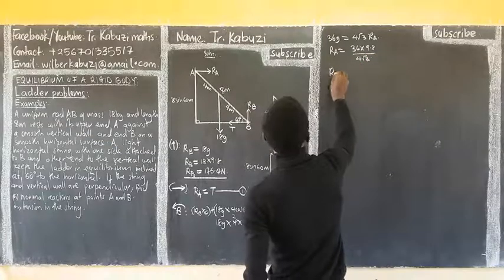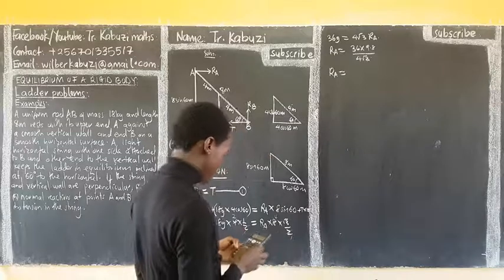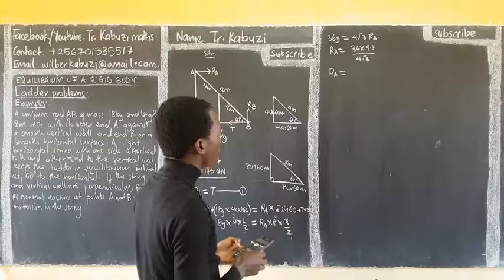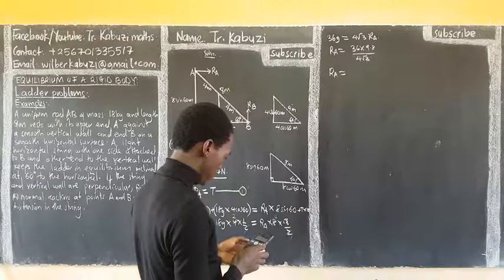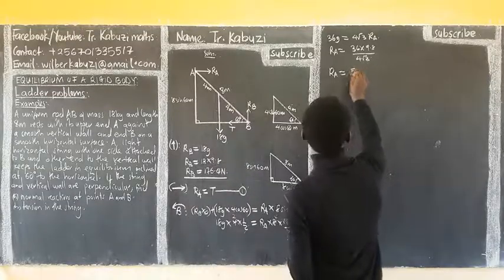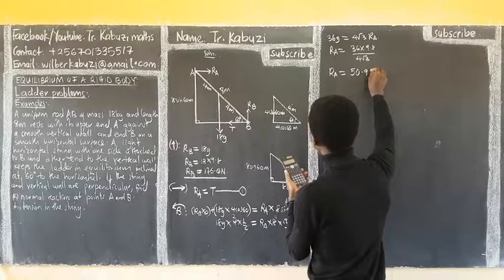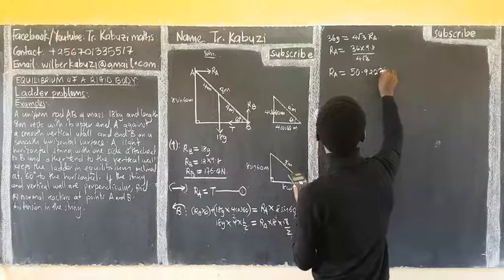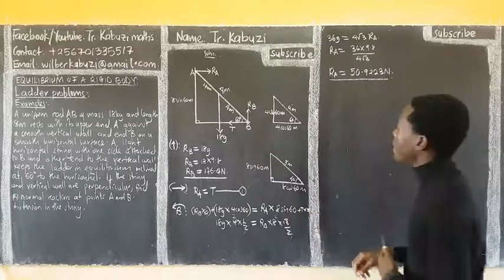So our Ra from there is going to be, I'm getting 50.923 newtons, and that's going to be my answer.